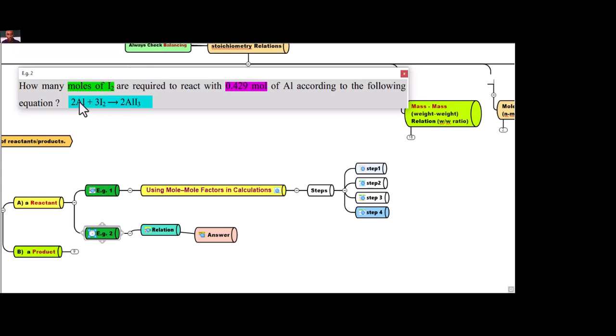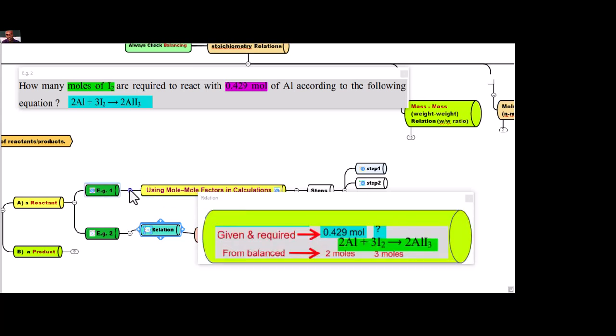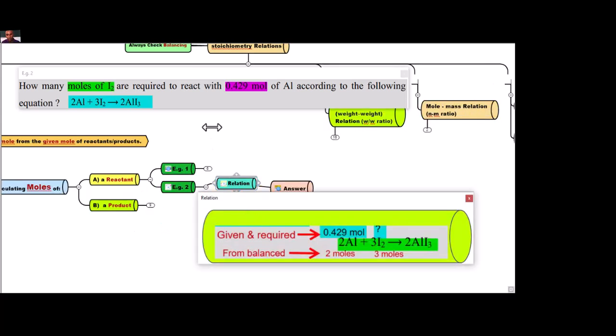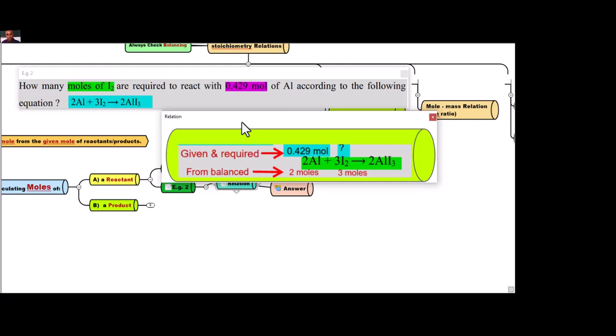The chemical reaction is already balanced, so you can write the balanced chemical equation first, and then write the given mole above the element, and then use the mole factor from this balanced chemical equation. It means that to react with 2 mole of aluminum, it requires 3 mole of iodine.